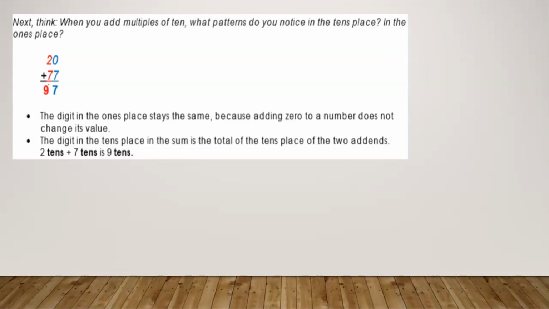So now my final answer would be 97. Okay? So our pattern that we see is that when we're adding with multiples of 10, all we have to do is know that 0 and that number is going to be the exact same number. It's not going to change because 0 plus anything is going to be itself.